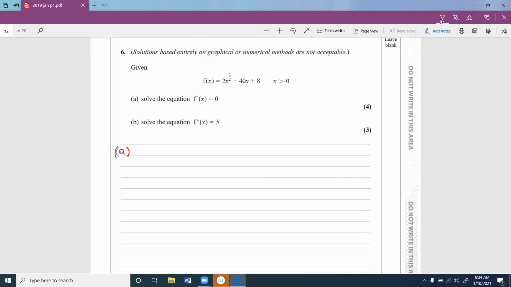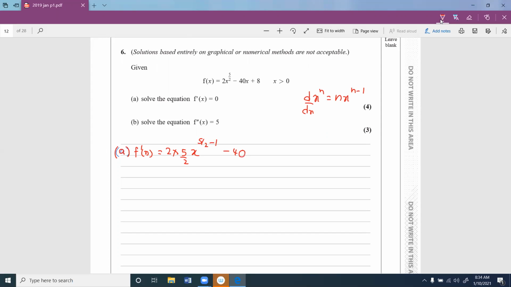What do we mean by f dash x? It is the first differentiation. If you do this, differentiating x to the power n, the fact we know is n x to the power n minus 1. That is the formula. 2 into 5 over 2 x to the power 5 over 2 minus 1.